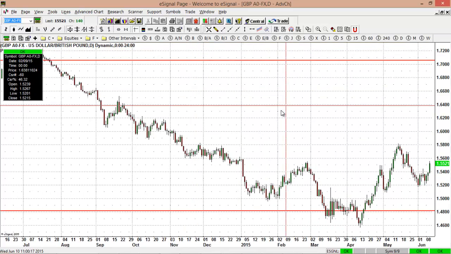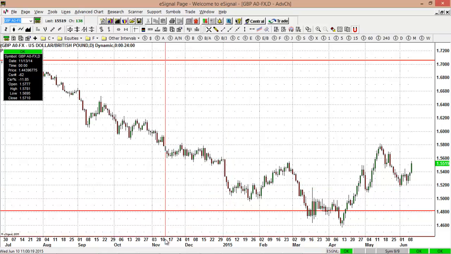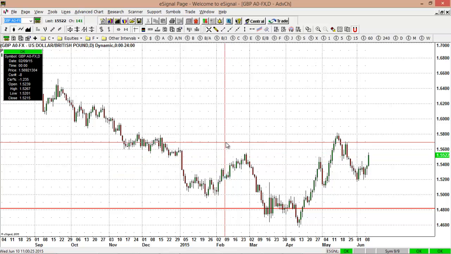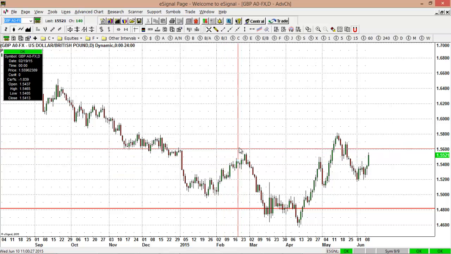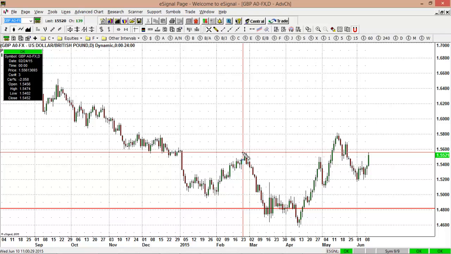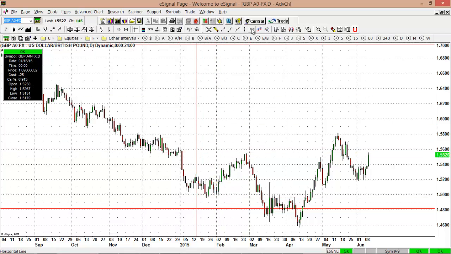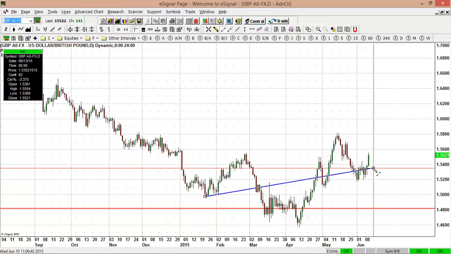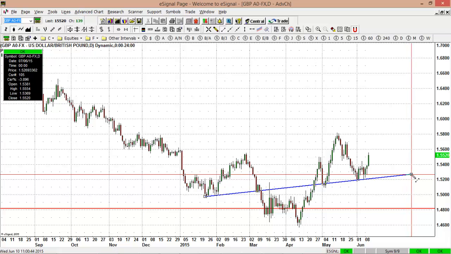Taking a look at the British pound, and the British pound has been strong against quite a number of pairs. And we see here with the British pound USD that the market, just going back, it's good to look at patterns. And if you take a close look at this pattern here, you see, let me draw this line.